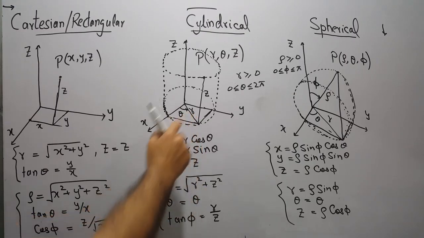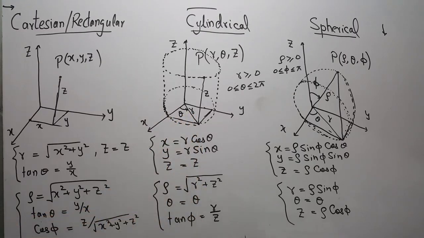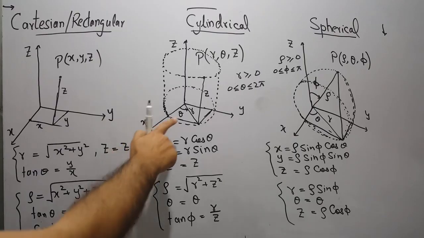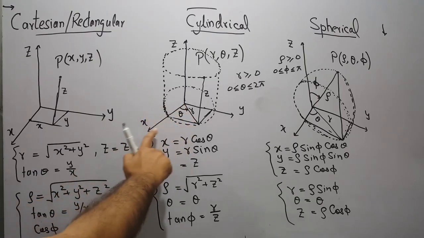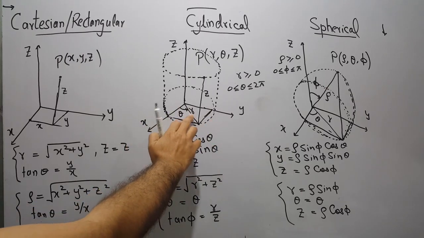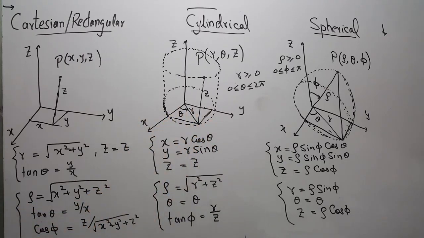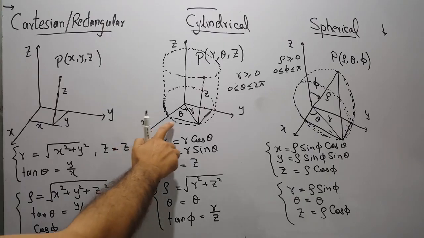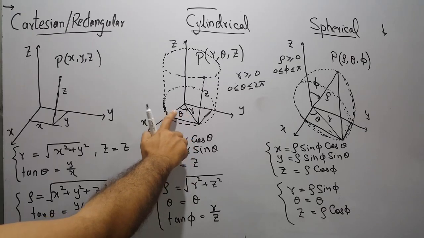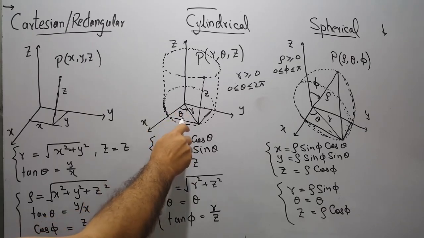That is denoted by r, the transformation of x and y into r, which is now cylindrical. And then you find the angle theta, which is the angle r makes with the x-axis. So this is theta.